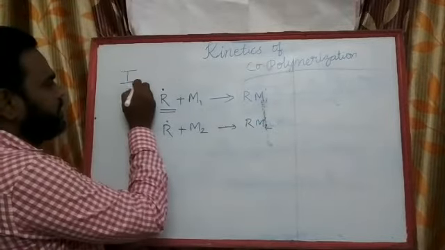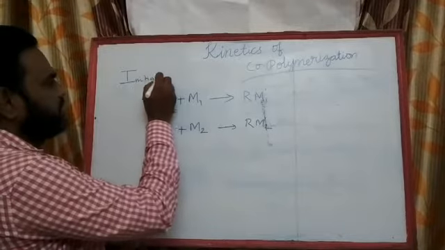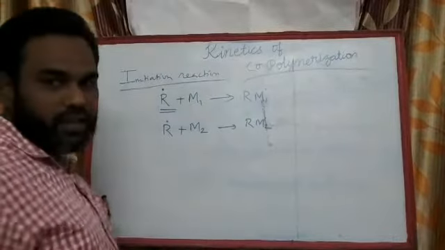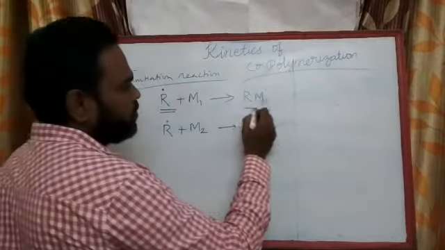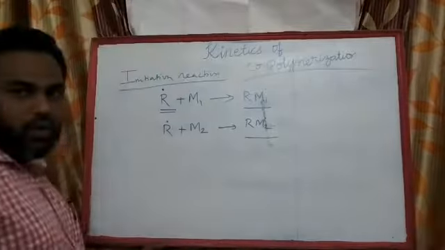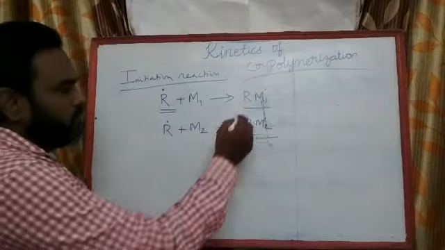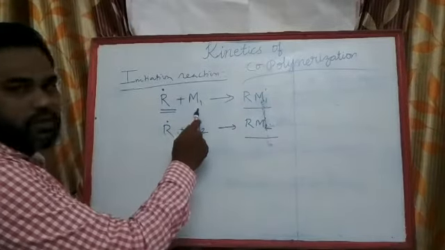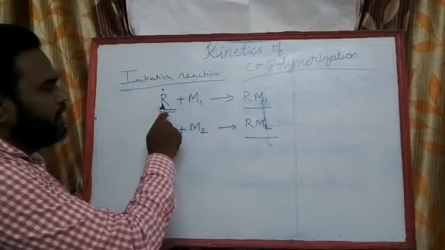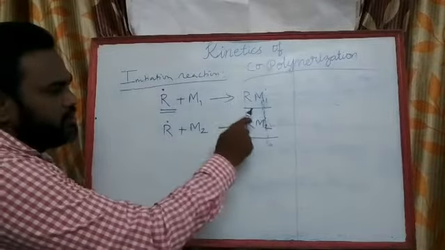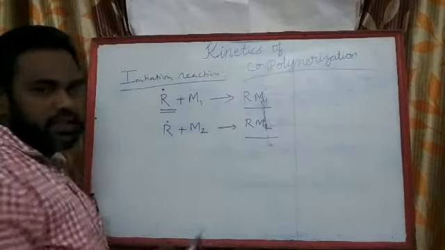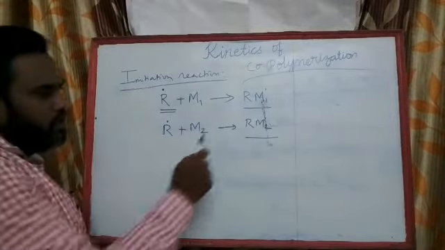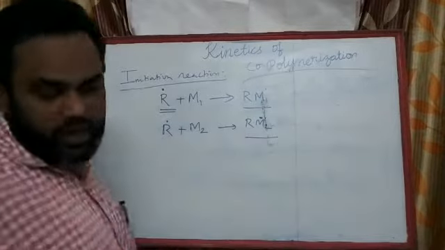This first step we call the initiation reaction. So in the initiation reaction, you have two different types of growing chain, RM1 and RM2. The odd electron from the radical end is transferred to the first monomer to give RM1 dot, or to the second monomer to give RM2 dot.